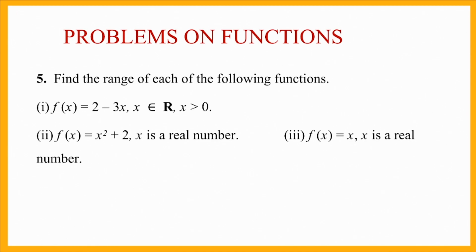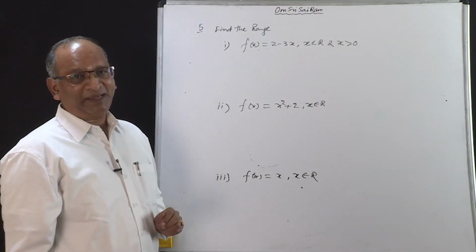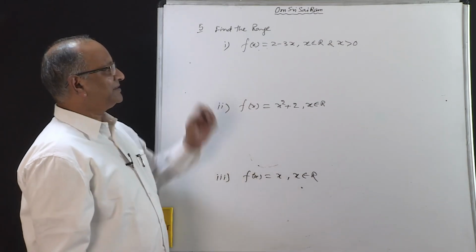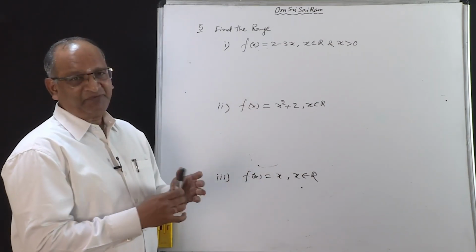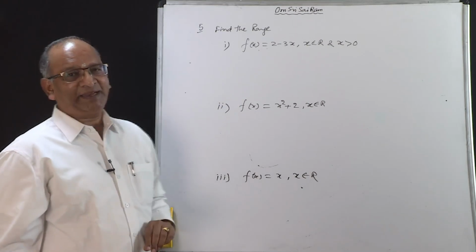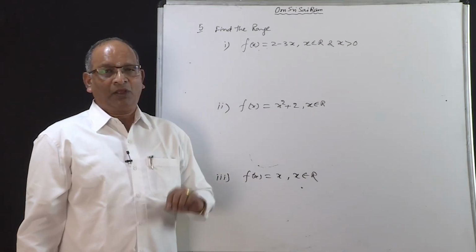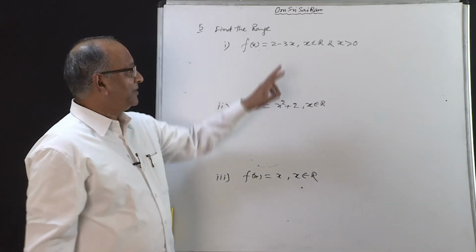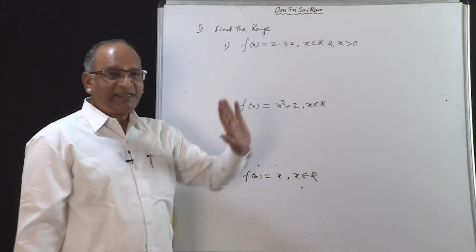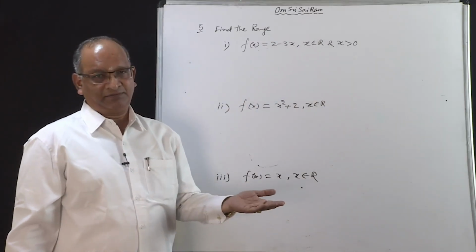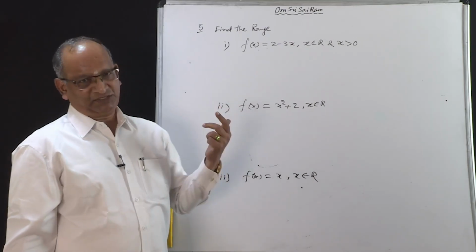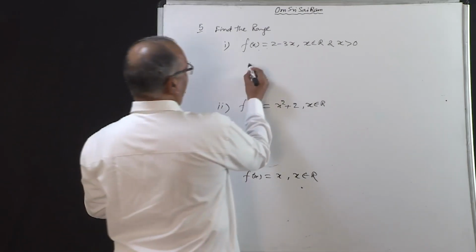So let us do the first one, f(x) equal to 2 minus 3x. What do you mean by finding range? Finding range means when we substitute values of x, whatever we are going to get is called range. So this f(x) actually is nothing but y.